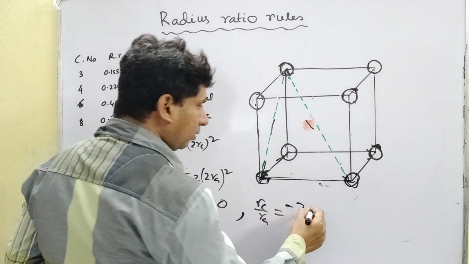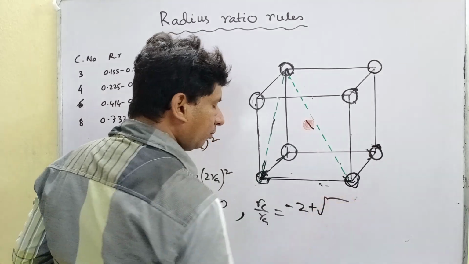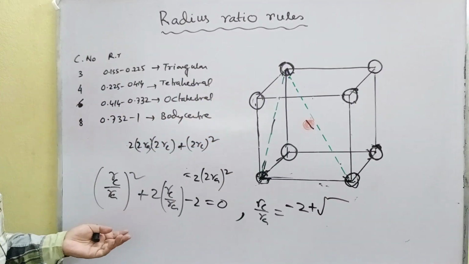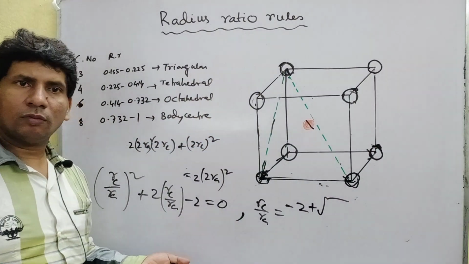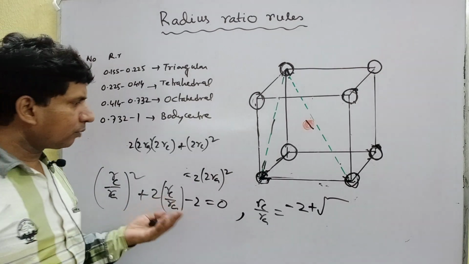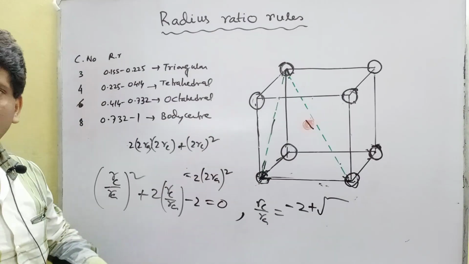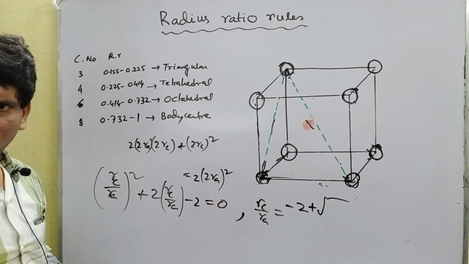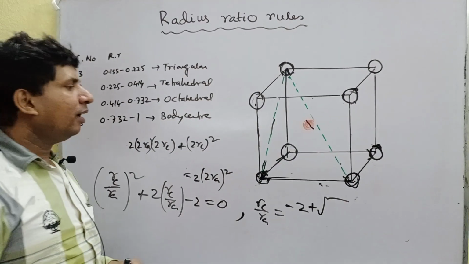Why is it plus? Because this is a constant, positive value. The radius ratio is always a positive value, not negative.